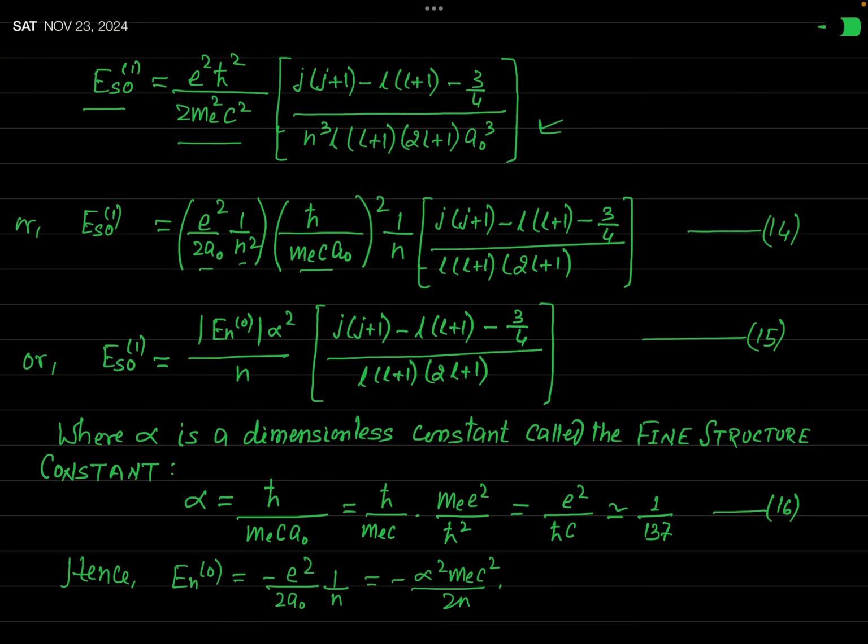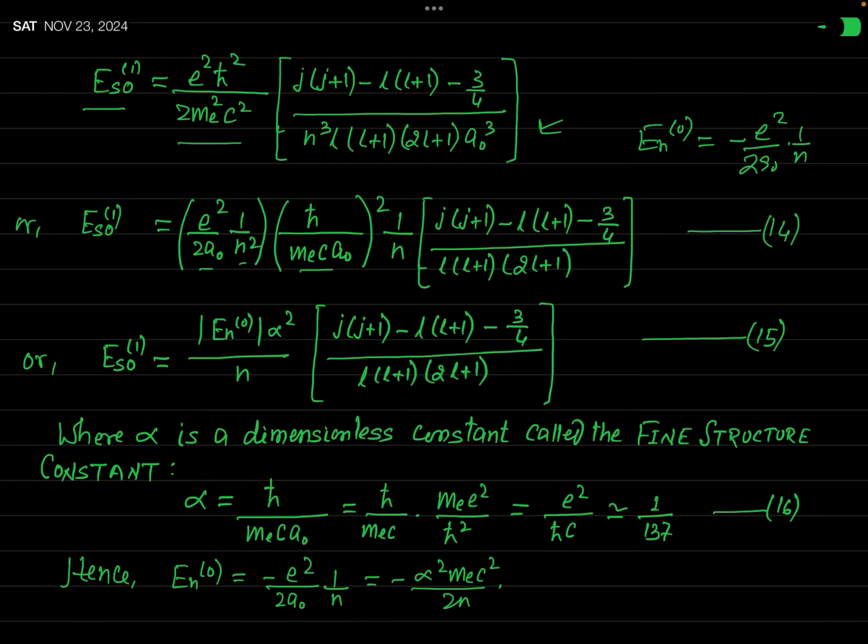Actually, the energy E_n⁰ is given by minus e² divided by 2a₀ times 1 over n². But here there is no minus sign, so instead of this we can write the modulus of E_n⁰.